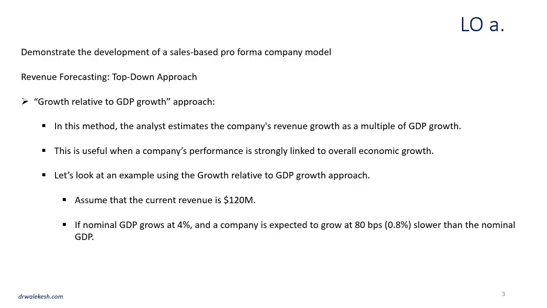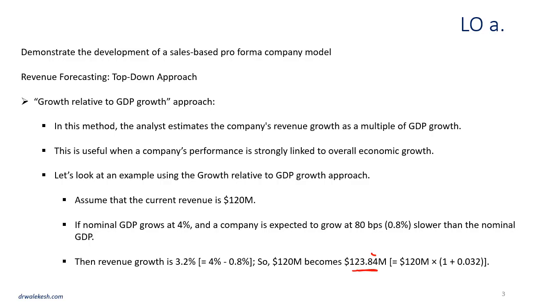Before moving on, it is worth noting that if this had been faster as against slower, then the revenue will be expected to change by 4% plus 0.8%, which is 4.8%.